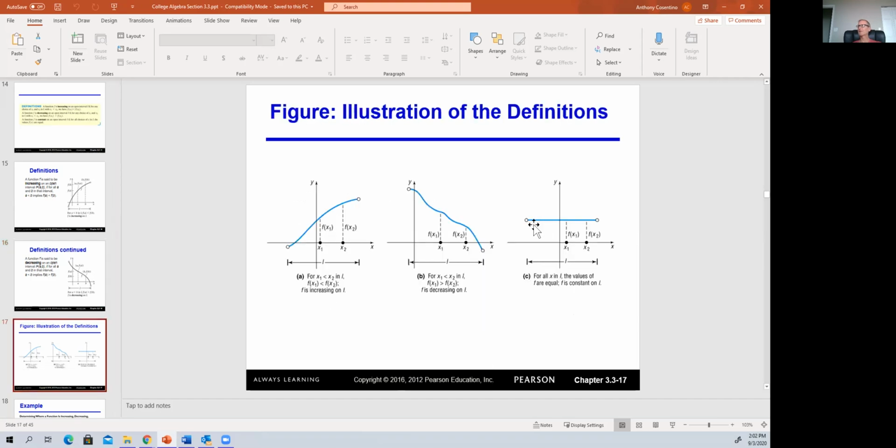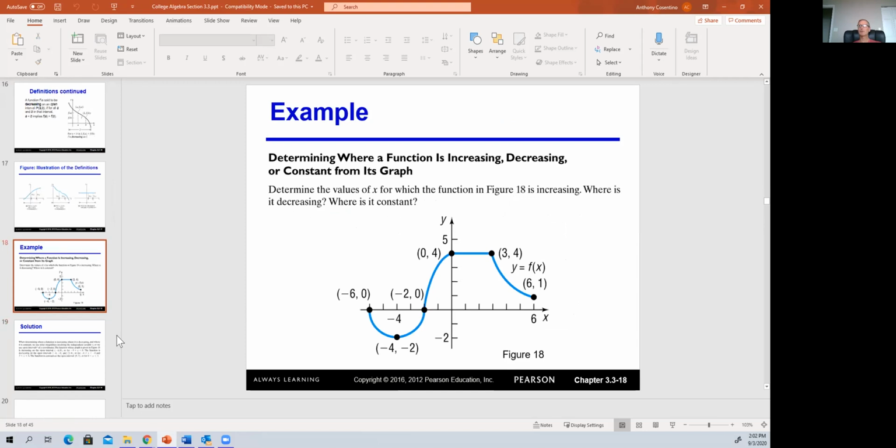We also have this idea of constant. And that means as you plug in x values, the y value stays exactly the same. And so that would be a slope of zero, and that would imply that we have a constant.